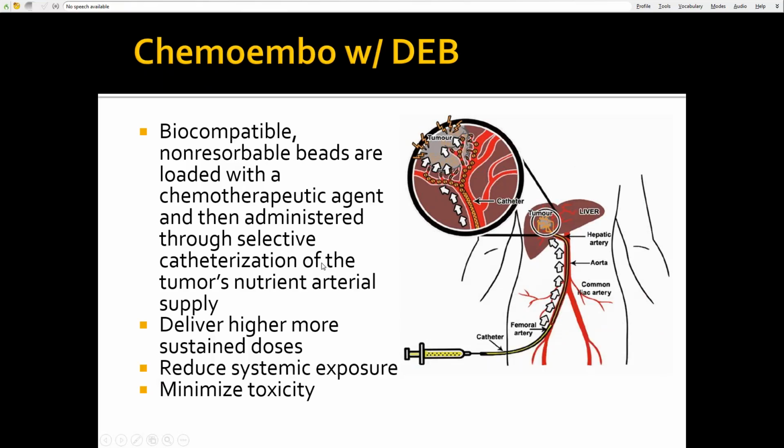Now, one thing I like to use is something called drug-eluting beads. I think it's a cool technology that we use now to treat tumors. Basically, it uses these non-reabsorbable beads, loaded with a chemotherapeutic agent. You inject it into the tumor itself, and the beads lodge into the tumor.